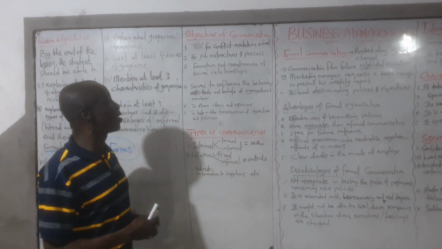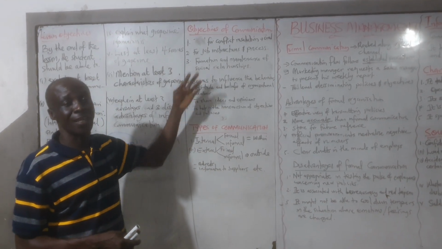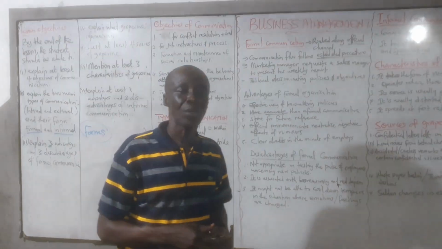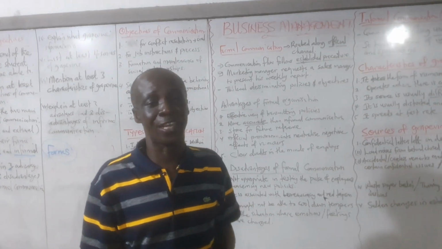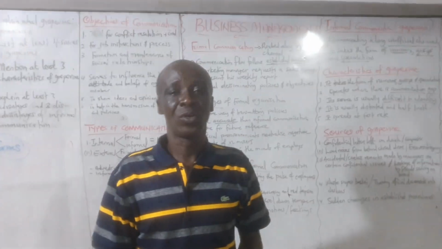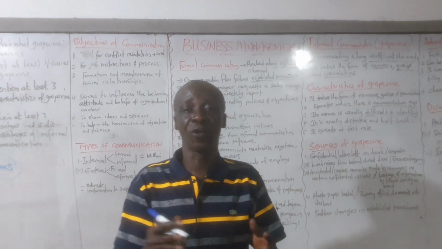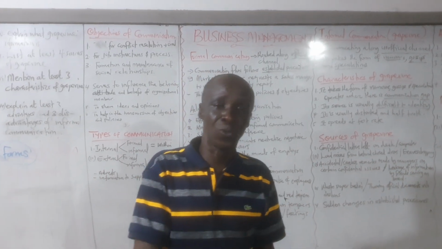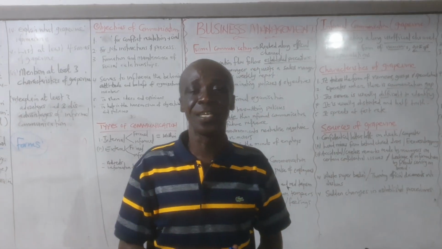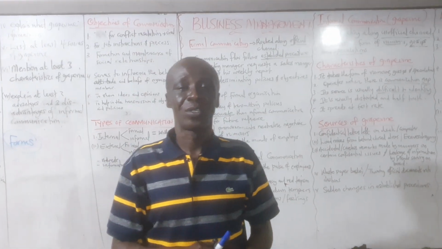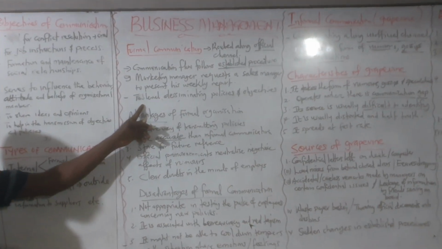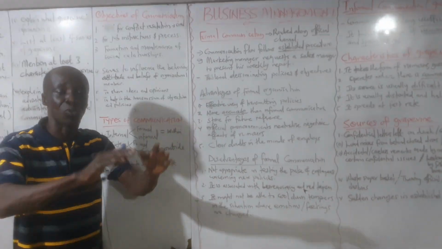The third one, very simple, straightforward: you remember when we were talking about motivation, we picked one theory in motivation, and that was Abraham Maslow's hierarchy of needs. We talked about the physiological needs, the safety needs, then we also talked about social needs. In every organization, people form friendship groups and so on.